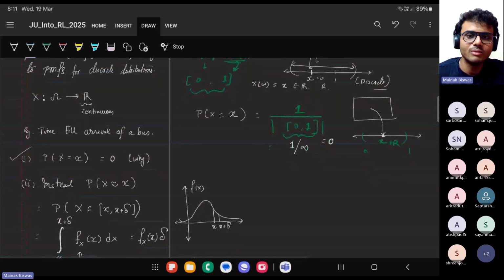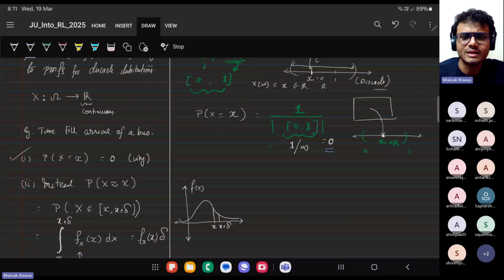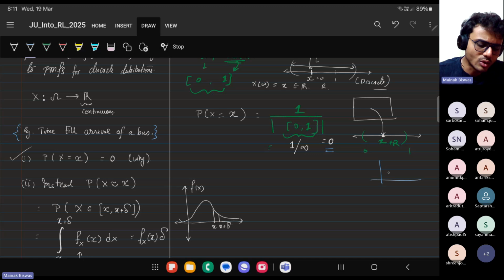So could you give me an idea of what your strategy would be to get a non-zero number as a probability? Let us take an example. A continuous random variable would be the time you wait at a bus stop. So you arrived at a bus stop. So this is the time, and say this is the probability of t, some function of t.